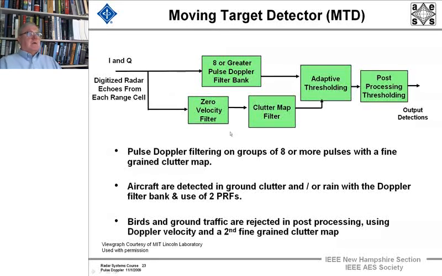And here, in this block diagram, is the essence of the MTD. You've got I and Q coming in, and this is that linear Doppler filter, which you're going to see is implemented.